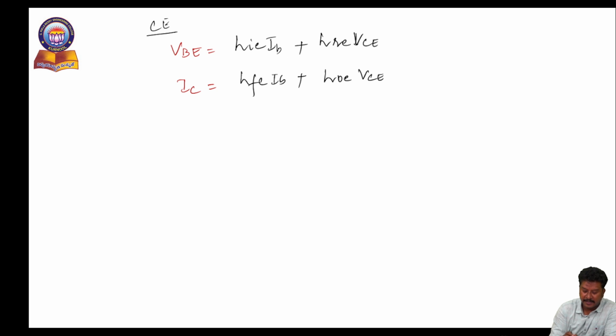Here I want to make clear that I have to find the variation of current and the variation of voltages with respect to this variation of VBE and IC. So everything I have to represent in dynamic values.